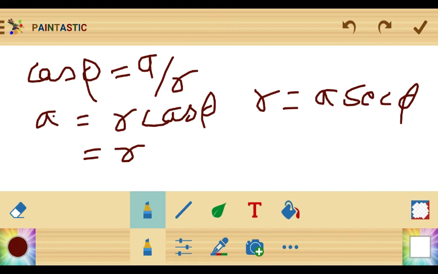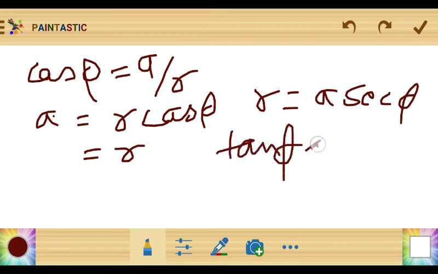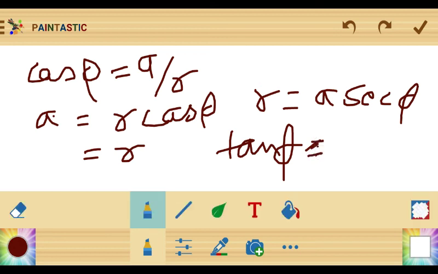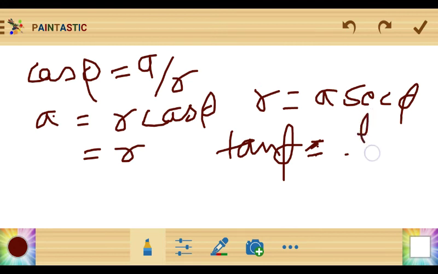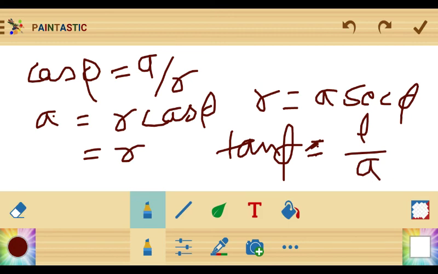And again, looking at that diagram, just like we found cos phi, we can find tan phi also. Tan phi is perpendicular upon base. The perpendicular line was L and the base was a, so tan phi is L upon a.